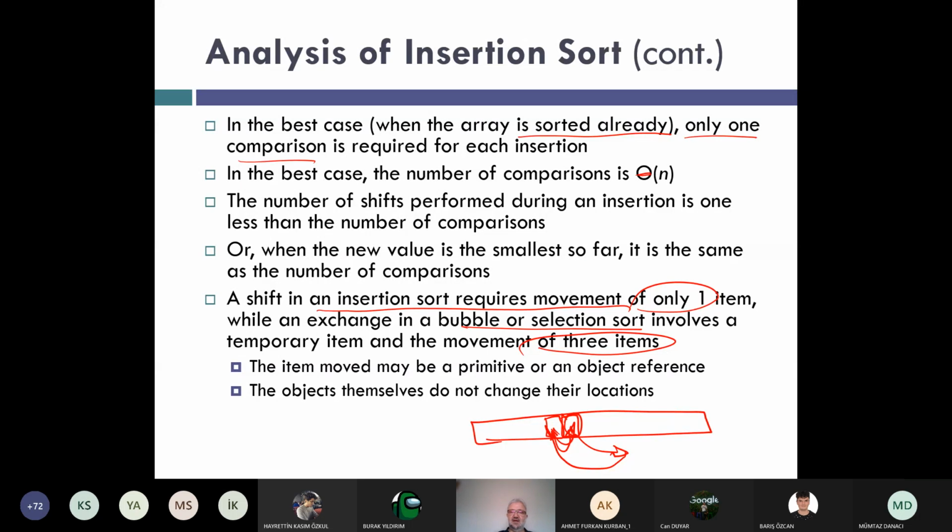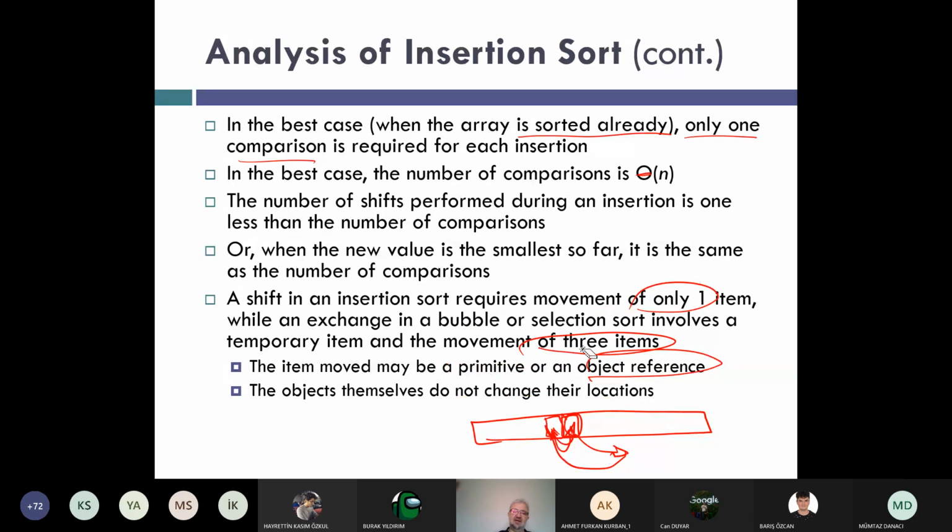Of course, these move operations, if the elements are of primitive type, the elements are moved. But if they are of object type, the references of the objects are moved, right? Of course, we do not change the location of the objects, but their references are moved.